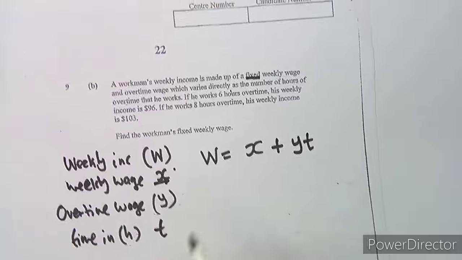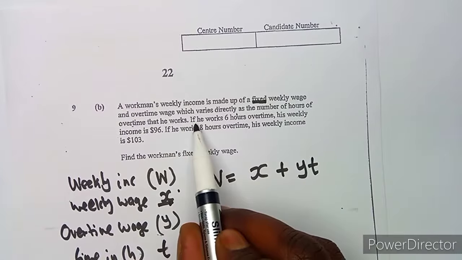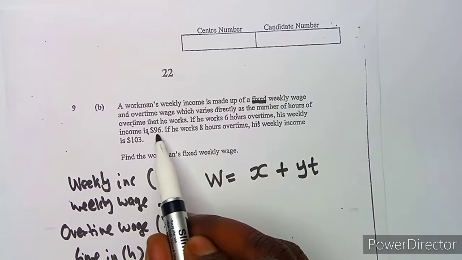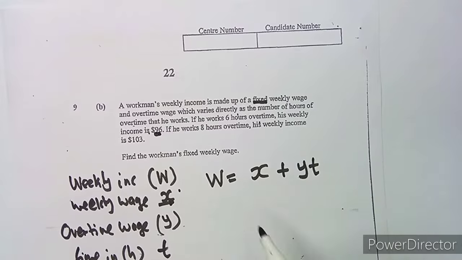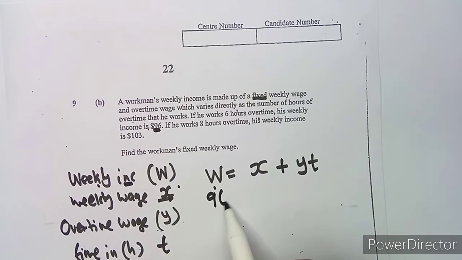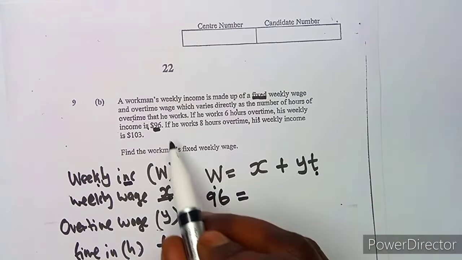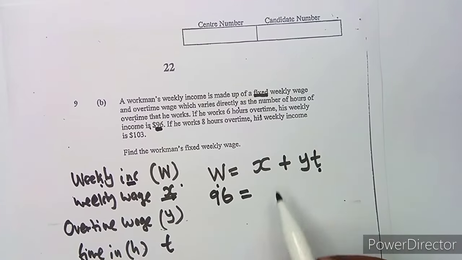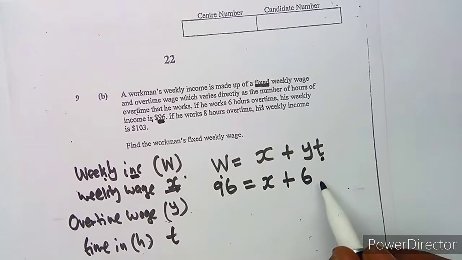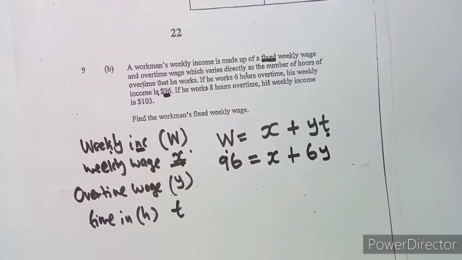All right, the first part: if he works 6 hours overtime, his weekly income is 96. So W, the weekly income, is 96 when the overtime is 6 hours. So you're going to have X plus 6 times Y, because we do not know this value.